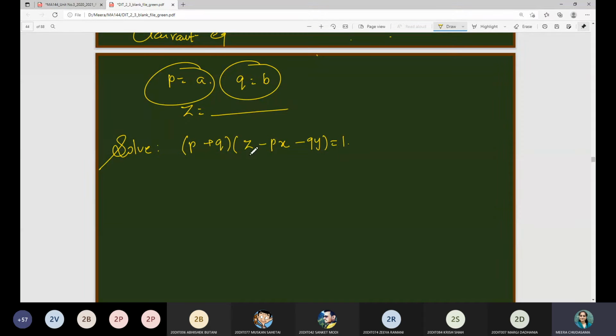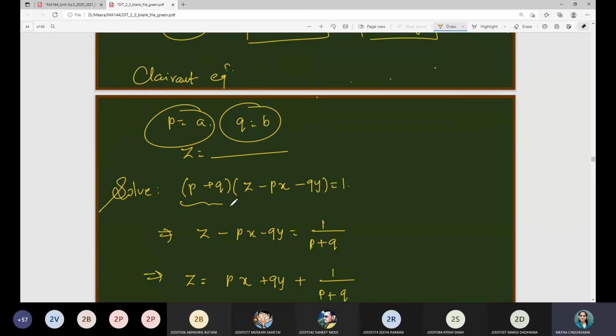So from here, how can we write it? You can see that z minus px minus qy can be considered as 1 upon p plus q, and therefore z can be considered as px plus qy plus 1 upon p plus q, right?